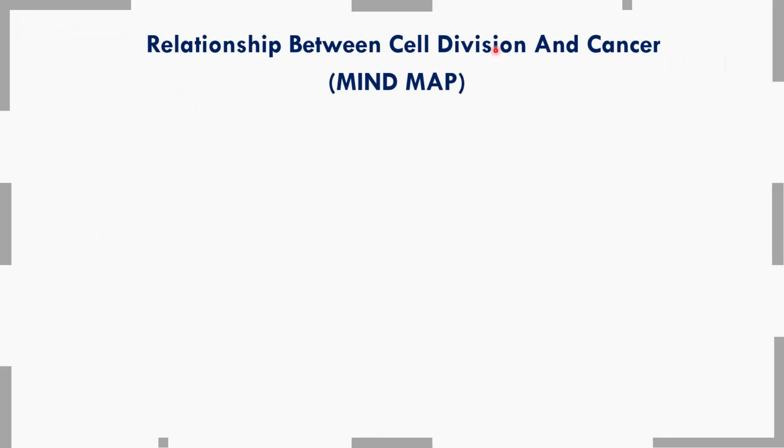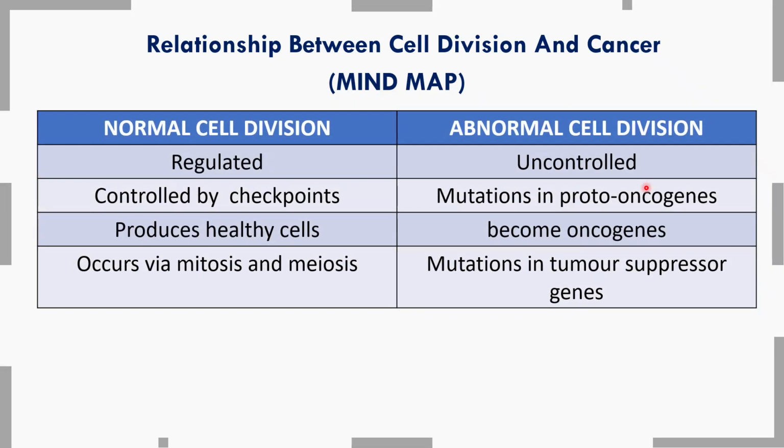Relationship between cell division and cancer. We want a mind map. We have normal cell division and abnormal cell division, which results in cancer. In normal cell division, the cell division is regulated. Abnormal cell division is uncontrolled. Normal cell division is controlled by checkpoints.